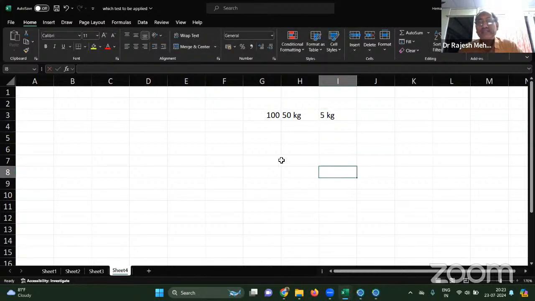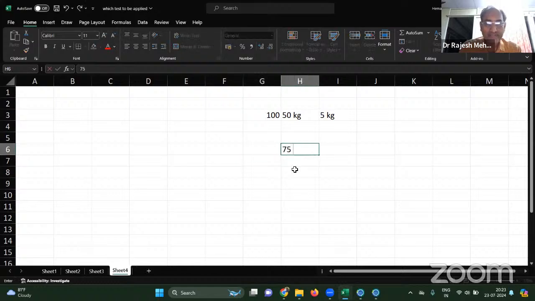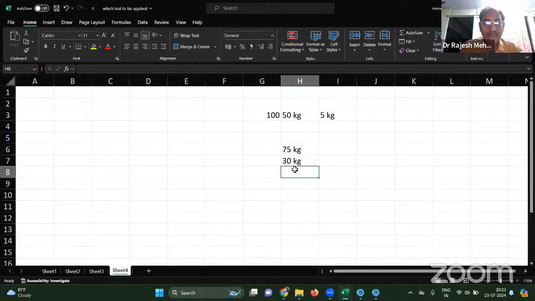Now the question is, we start with a very simple thing in which there is a person having a weight of 75 kg, 30 kg, 57 kg.